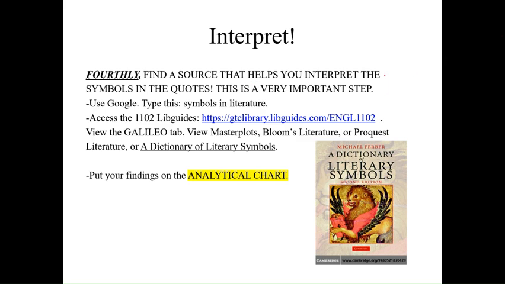This is very important. I would use the dictionary of literary symbols. It's online through Galileo and probably on Google, I think too. But it's a dictionary of literary symbols, and it's very useful. It helps you guys break things down.